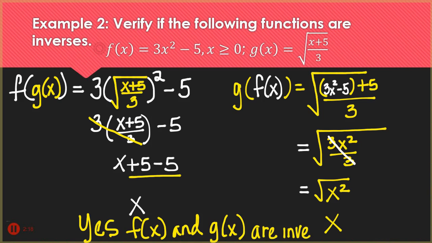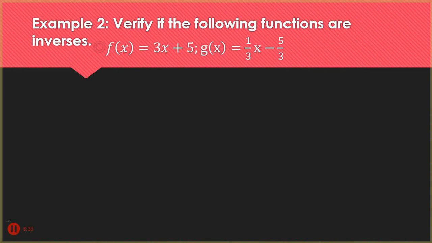Now, it did say in the directions that we were verifying, so essentially we knew it. But in order to verify it, we have to show that the compositions work both directions. So let's look at the second example. Again, we have f of x and g of x. It says verify. So we're going to verify it by using compositions.